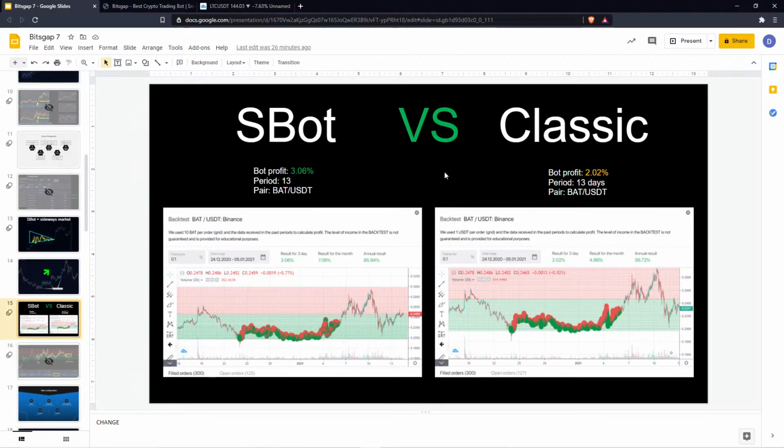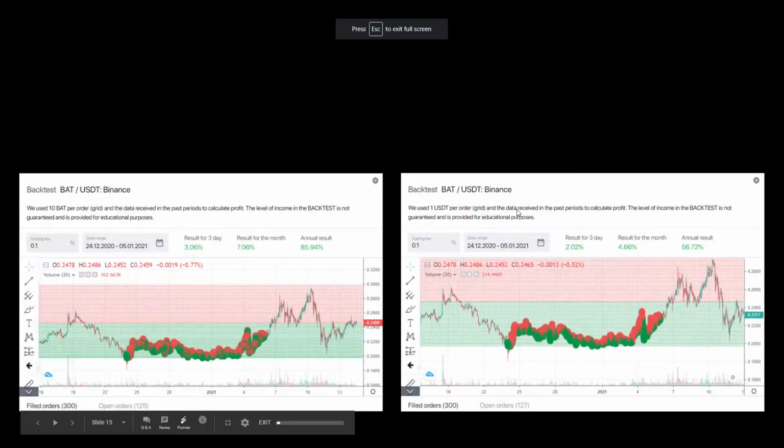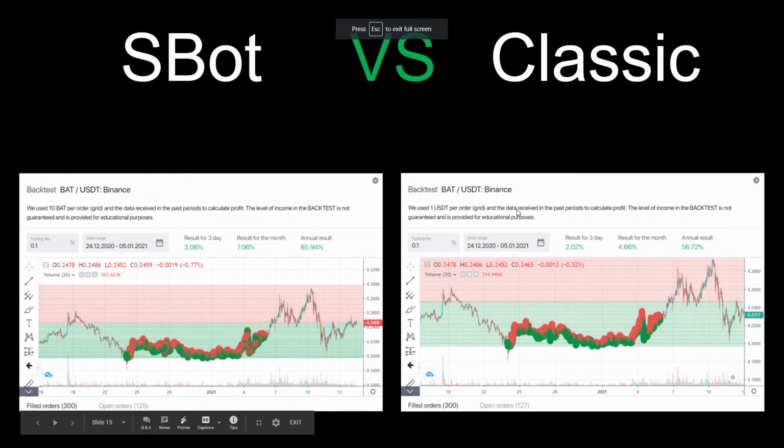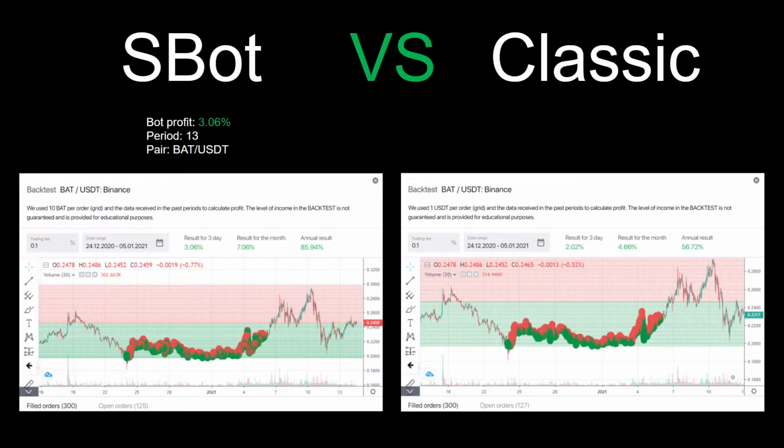Here's the exact example of why you should launch SBot on the sideways market. That's Basic Attention Token trading to USDT. Notice that this is the backtest result for the same exact period for the SBot and the classic. You see, that's from the 24th of December until the 5th of January.